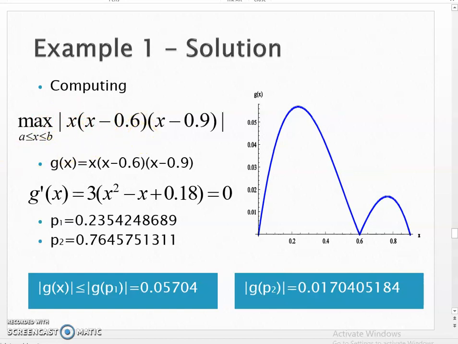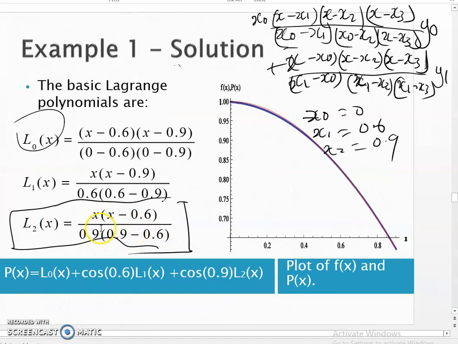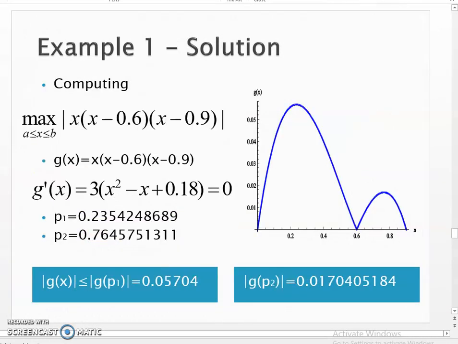If you remember, when we are using Lagrange's interpolation method, simply plug it here right now so that we have this, and g of x becomes x into x minus 0.9 multiplied by x minus 0.9.